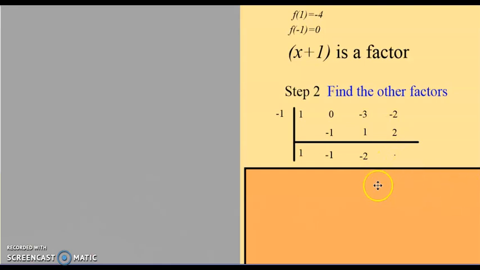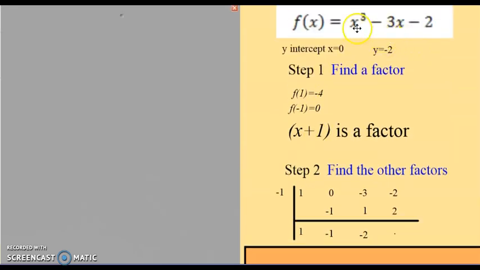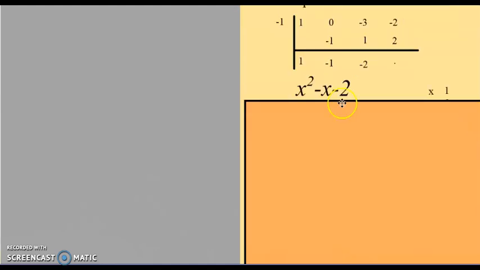With a dot. So, having divided by x, and the function was x cubed, that means I've now got x squared over here and x over here. Now my remaining factor is x squared minus x minus 2.